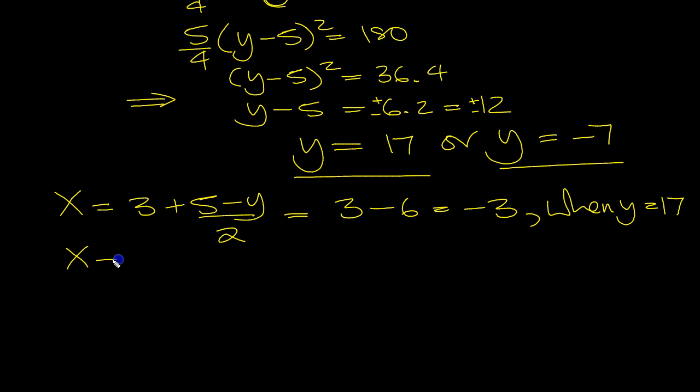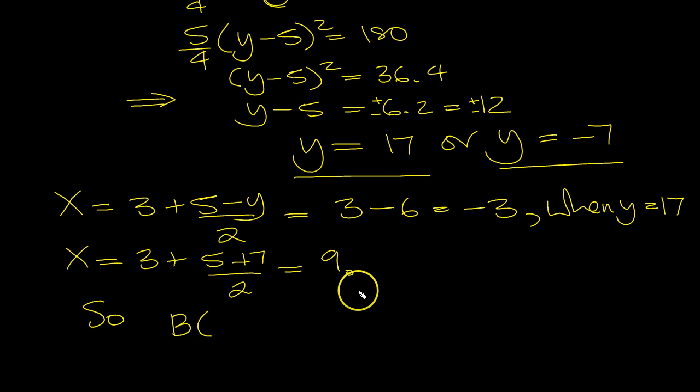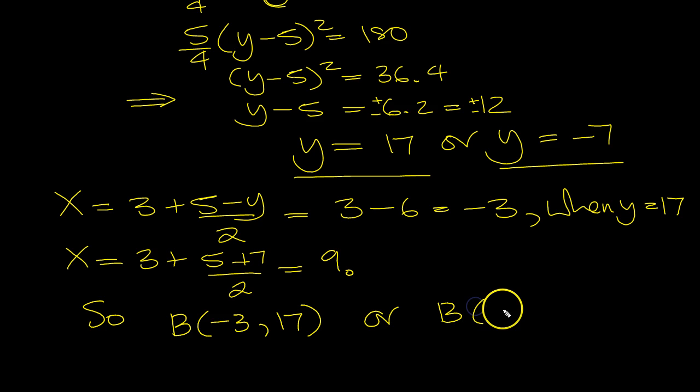And x is equal to 3 plus 5 minus minus 7, plus 7, 12 over 2 is 6, 6 plus 3 is 9. So B has coordinates minus 3 and 17, or B must have coordinates 9 and minus 7.